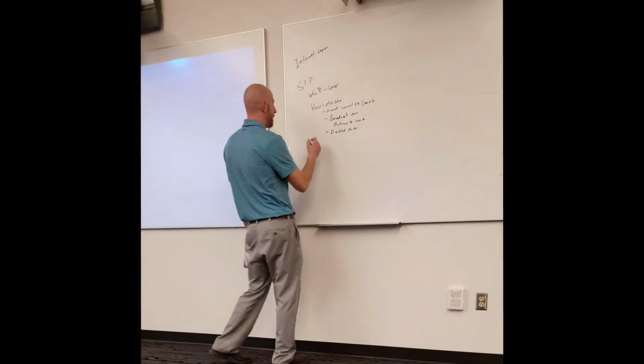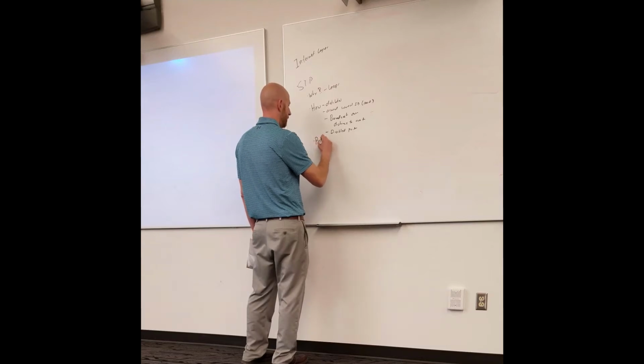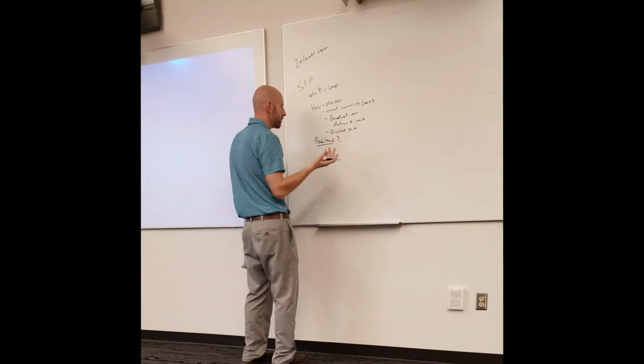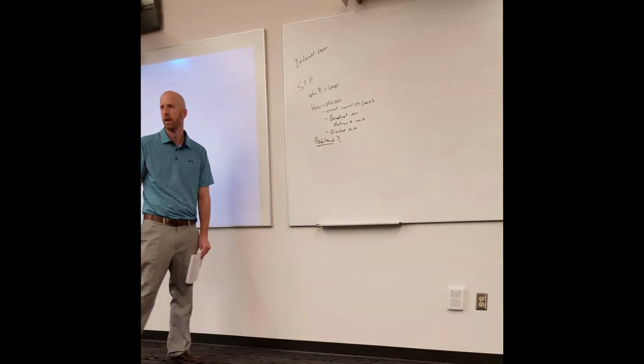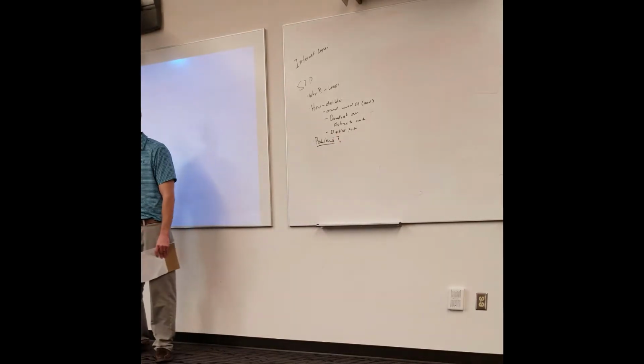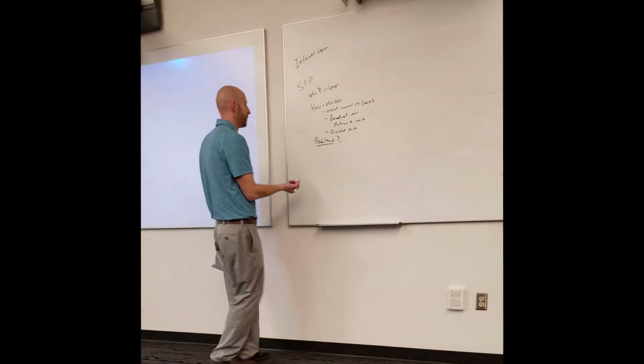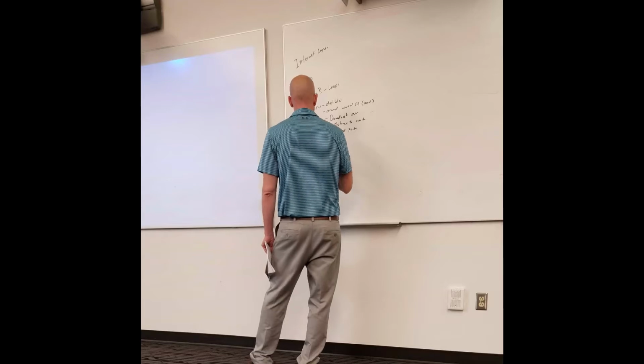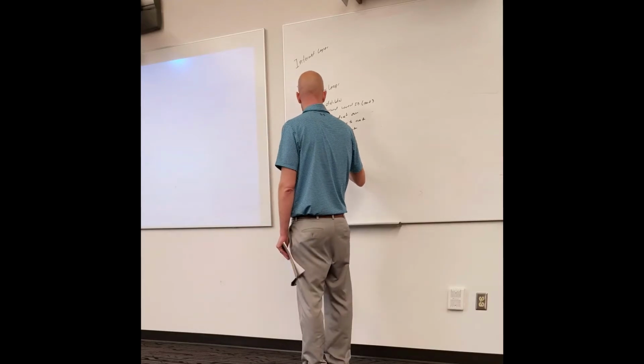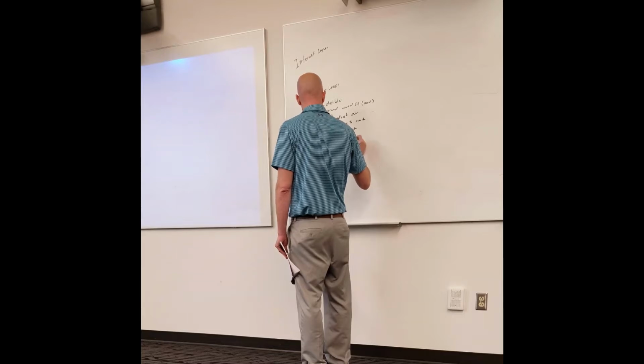Well, what are the problems with this? Anybody remember? If you lose another connection, you have to do multiple things. If something goes wrong, we have to reconfigure. And what's the problem with that?